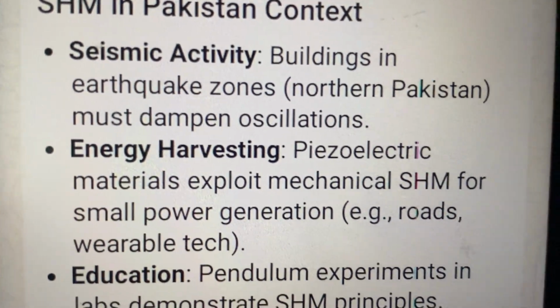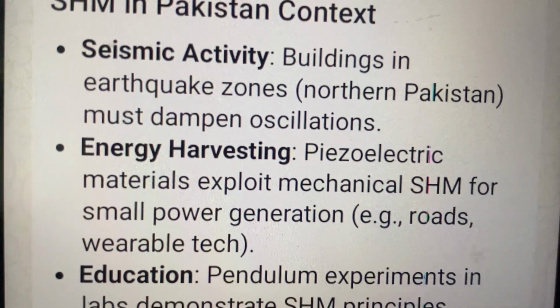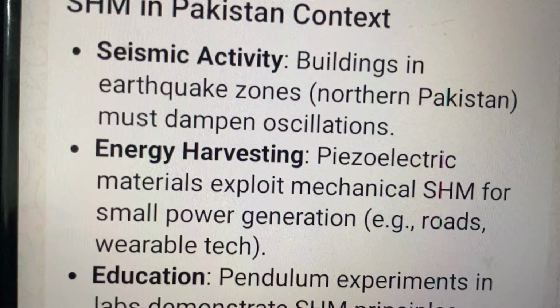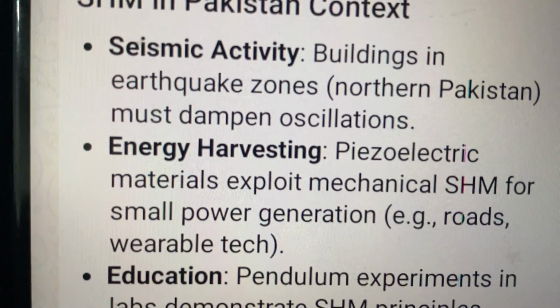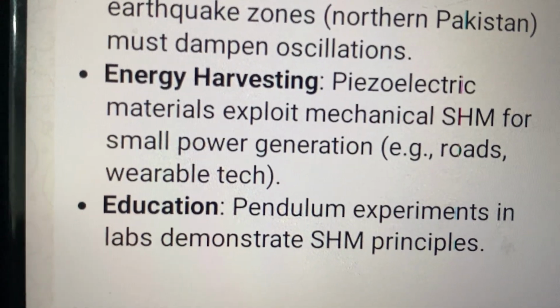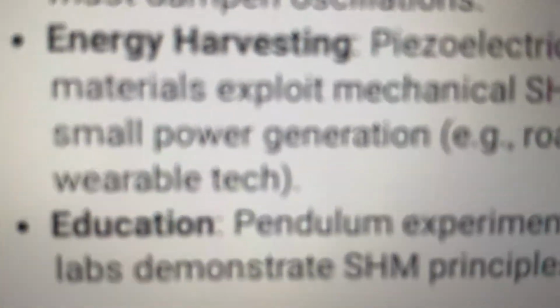Seismic activity: buildings in earthquake zones in Northern Pakistan must damp oscillations. Energy harvesting: piezoelectric materials exploit mechanical SHM for small power generation.